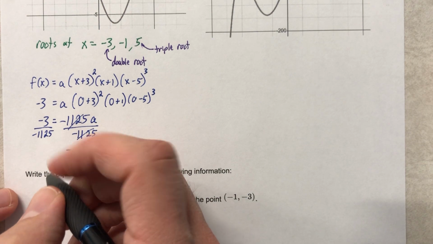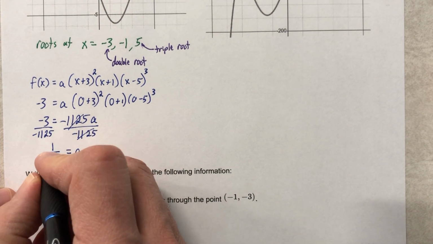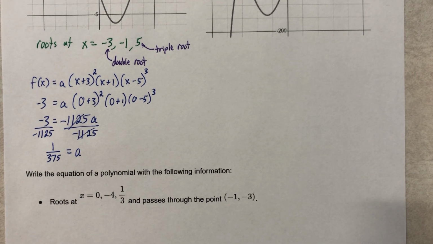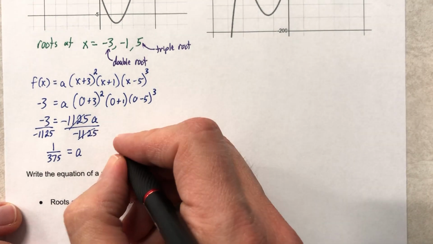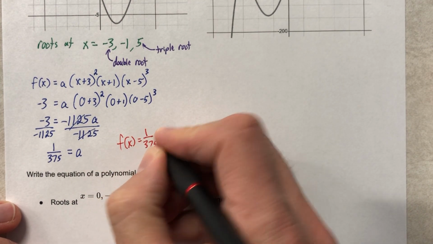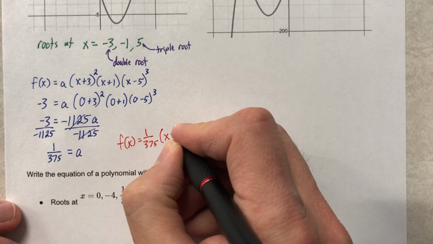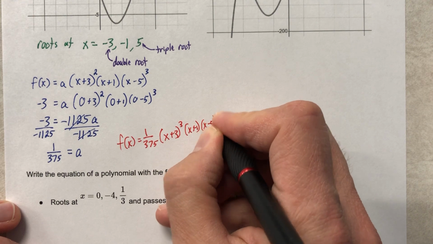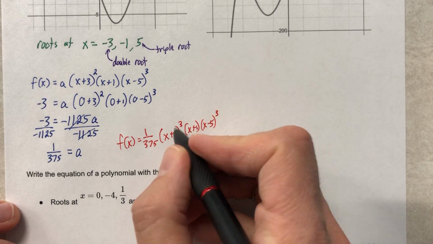And it does reduce, and I already have the answer here: 1 over 375. Wow, that was odd. Well, technically it's a fraction, so it's not odd or even. But the final answer for this one is going to be f of x equals 1 over 375, x plus 3 cubed, x plus 1, and x minus 5 cubed, and that one should be squared.